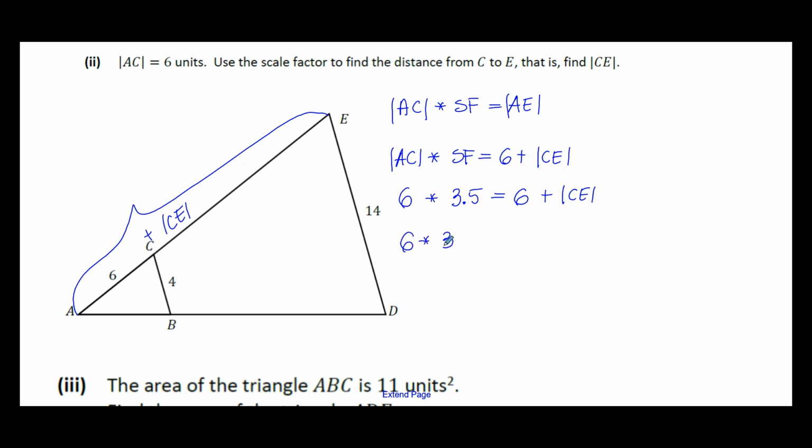I take it to the other side of the equation and I change the sign to the opposite. So from plus 6, it becomes minus 6. I put that in my calculator, press equal, and I get that that is 15. That is the length of CE. And yes, 15 makes sense in the context of the other lengths here.